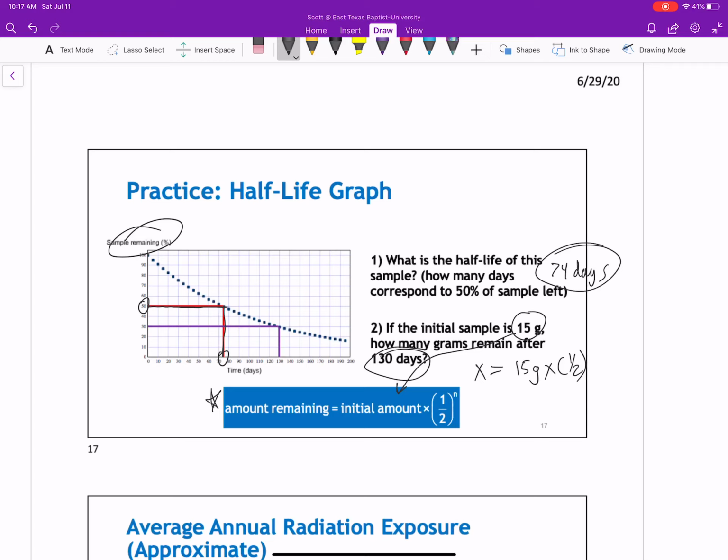Now remember, n is going to be the number of half-lives, so we waited 130 days. And the half-life was, we'll call it 74 days. So n is going to be 130 divided by 74. And we get about 1.76.